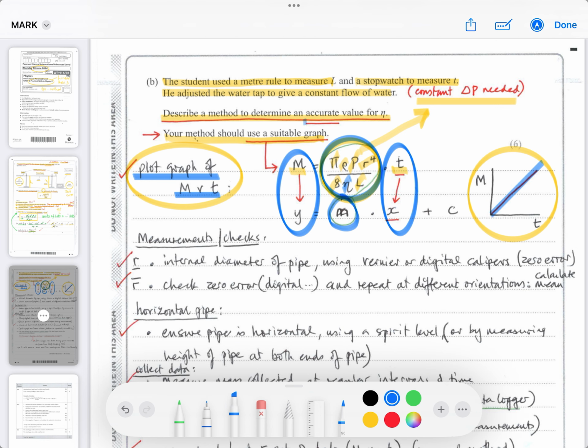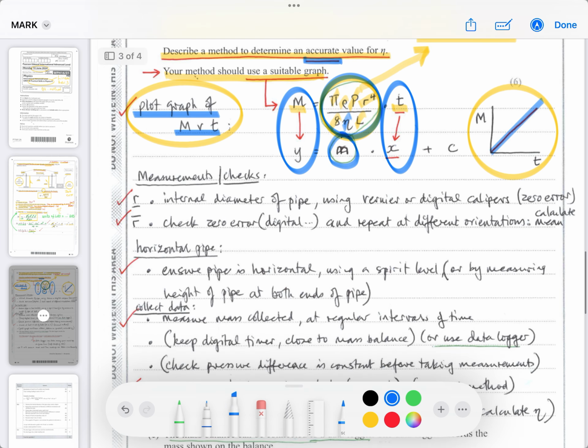Okay, but the key word is accurate value. So you've got to show you know how to create a valid, reliable way of gathering the data. So the method, you need measurements and you need checks. So for the internal diameter of the pipe, you want to use vernier or digital calipers.